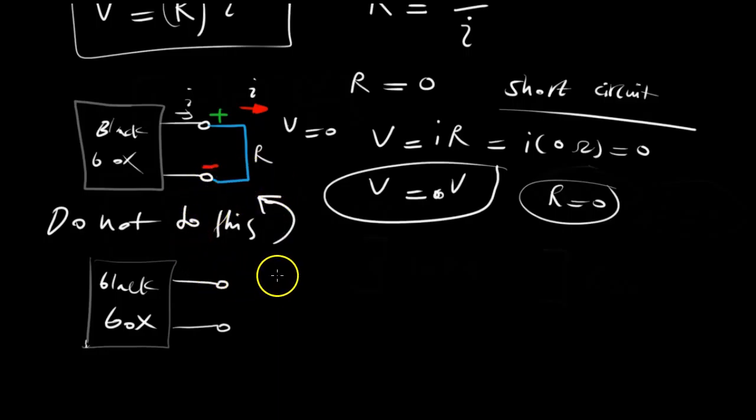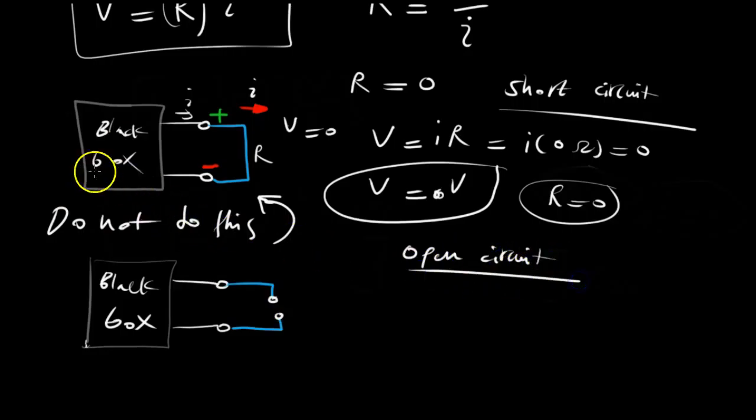In the other scenario, we again have a black box, and what we want to do is have a wire here and another wire here, and have an open circuit. It's called an open circuit. What's going to happen here is you have some voltage across it as before, with a positive sign and a negative sign, so that's the polarity of the voltage.